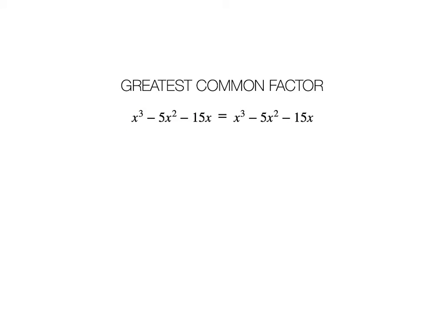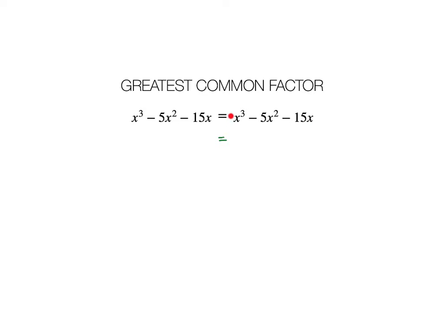So let's take a look at a greatest common factor problem. Now, on the left-hand side, I've got the original problem, and that equals, and I've just written the original problem again. And so I just want to show you that this is always equivalent. So on the right-hand side, I'd look at each term. I got an x cubed, a minus 5x squared, and 15x.